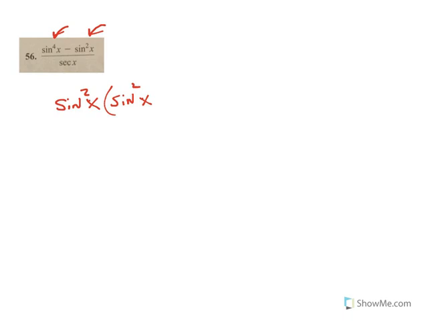So if you were to distribute the sine squared back in, you would get your sine to the fourth minus, and we took all of the sine squared out on this one, so you're going to have a 1 all over secant of x. And I'm now looking at what's left behind in parentheses. It looks like that has some of the parts and pieces of a Pythagorean identity.